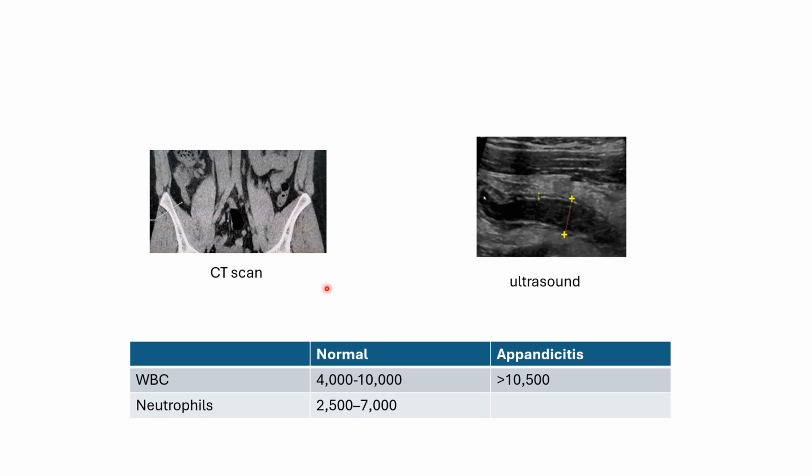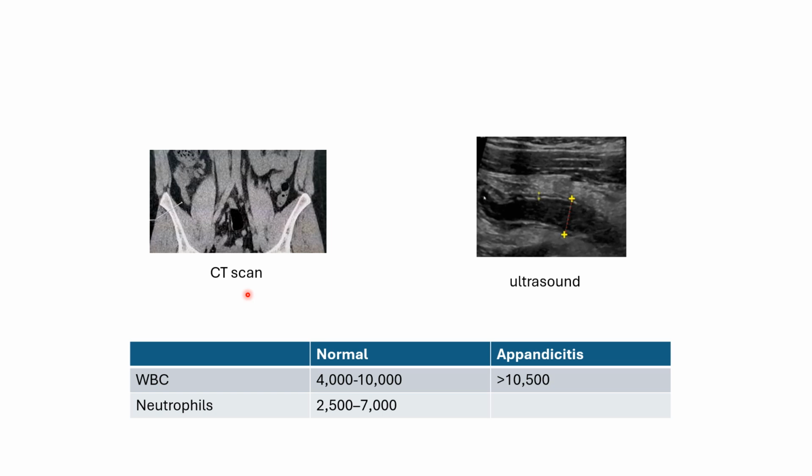If we get a history from the patient of ongoing pain starting from the umbilicus and moving to the right side, and the patient reports all those signs and symptoms, and during the exam we see that the patient has a positive psoas sign and obturator sign, then if we are still wondering whether the patient has appendicitis, the thing that we can do is a CT scan.